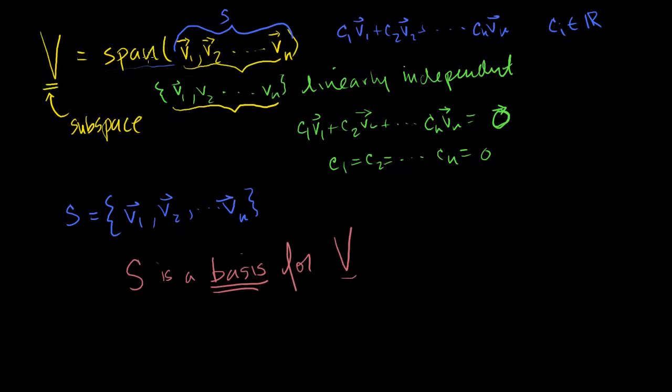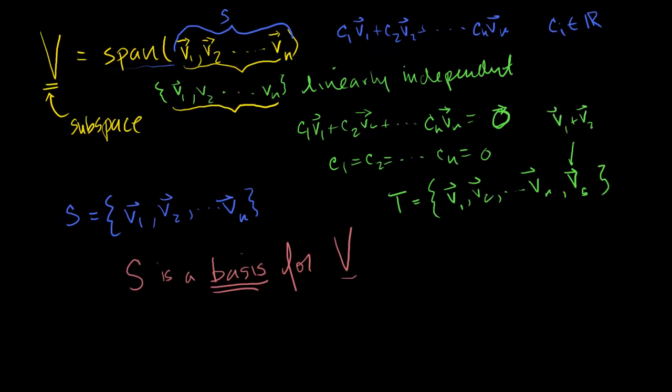For example, if this spans for V, then so would, let me add another vector. Let me define another set. Let me define set T to be all of set S, v1, v2, all the way to vn. But it also contains this other vector. I'm going to call it the v special vector. So it's essentially the set S plus one more vector, where this vector, I'm just saying, is equal to v1 plus v2. So clearly, this is not a linearly independent set.